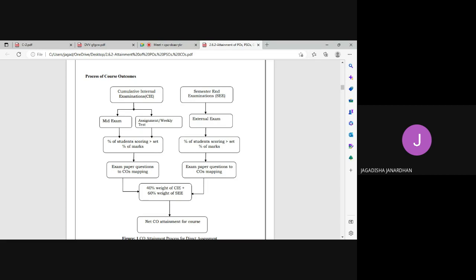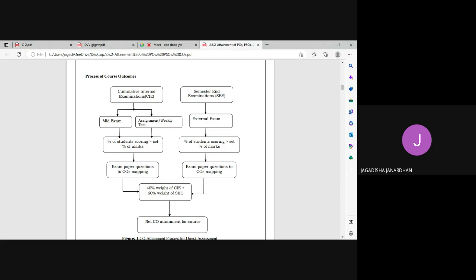So out of 60 marks, if you consider the benchmark as 40, depending upon the standard, the institution may think about the quality of students. If you set a standard of 40 marks, how many students are scoring more than 40? That needs to be converted into percentage.